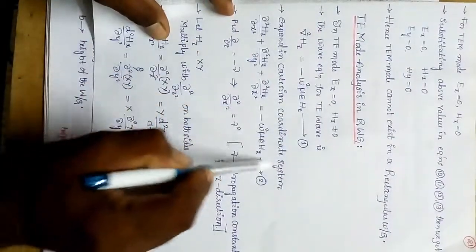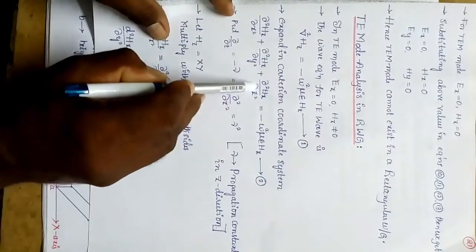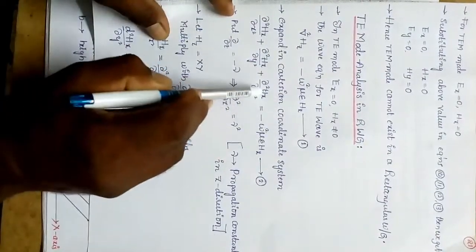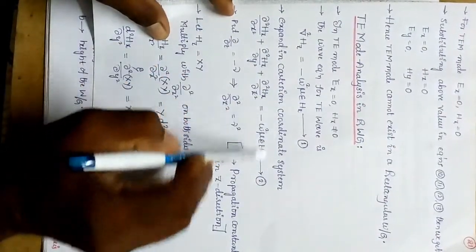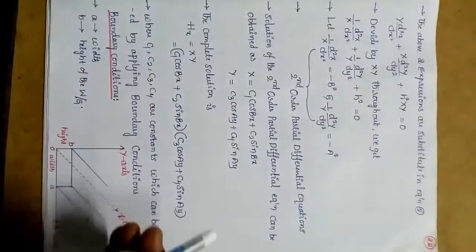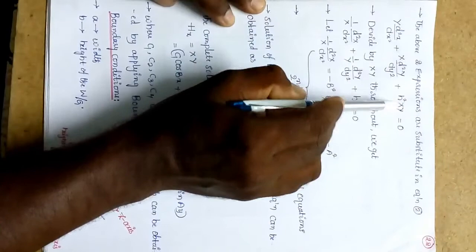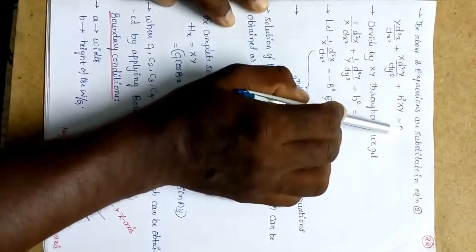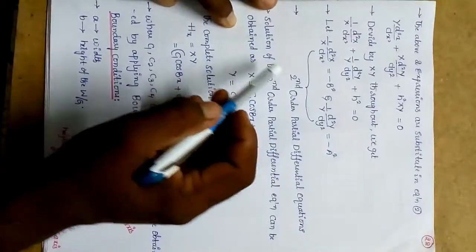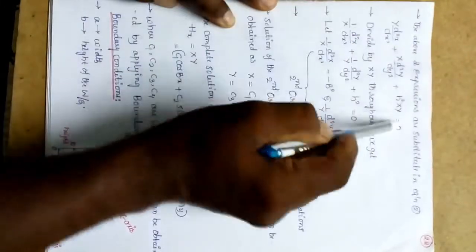So this negative term comes to the left hand side, then we are getting the positive term. After simplification we are getting h square into xy, and that should be equal to 0. Clear?